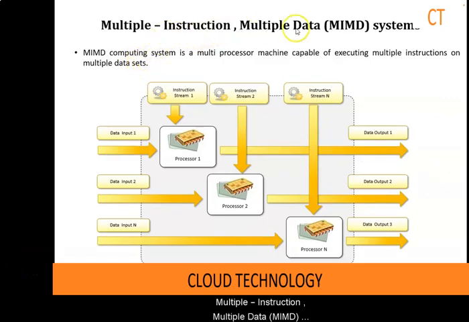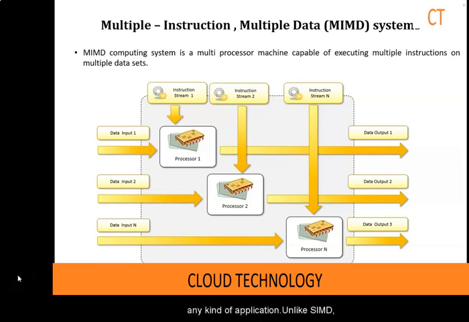Multiple instruction multiple data computing system is a multiprocessor machine capable of executing multiple instructions on multiple data sets. Each processing element in the MIMD model has separate instruction and data streams. Hence, the machines built using this model are well suited to any kind of application.